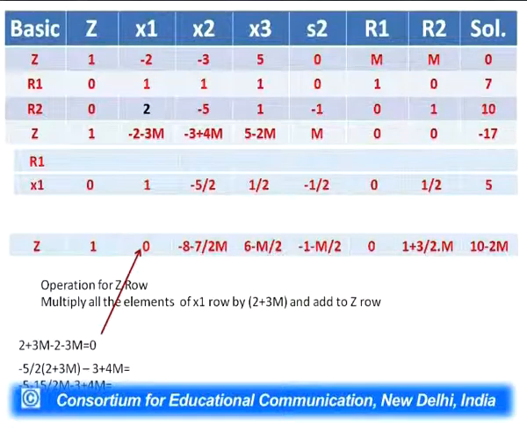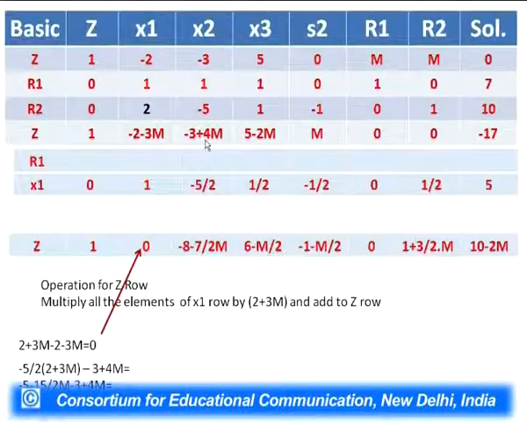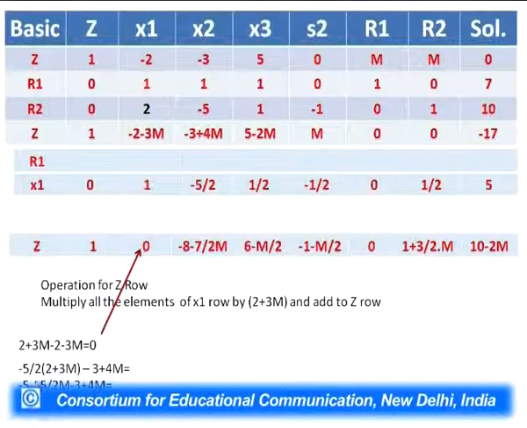Okay, next, look at the Z row. The next element is minus 3 plus 4m. As I am to do, multiply all the elements of X1 by 2 plus 3m, and this is what I am going to do.